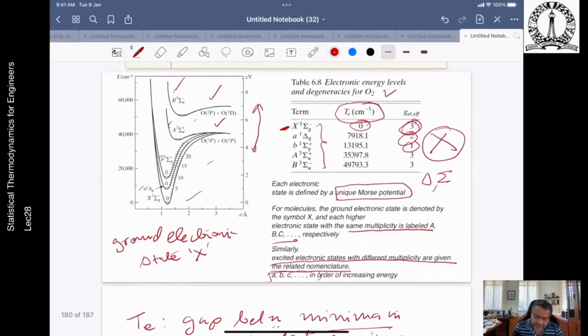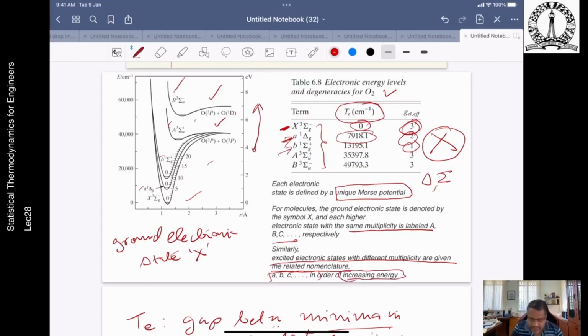Now, this is an excited state for which there is a TE, and the effective degeneracy is given as 2. Similarly, this is an even higher excited state, because A, B, C are in order of increasing energy.